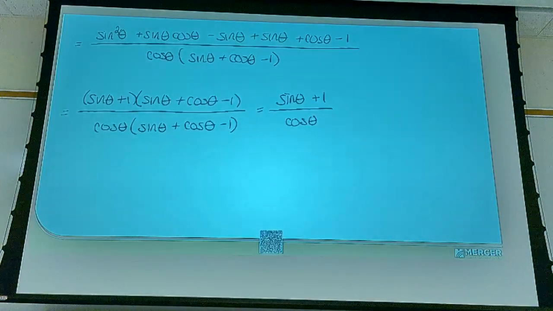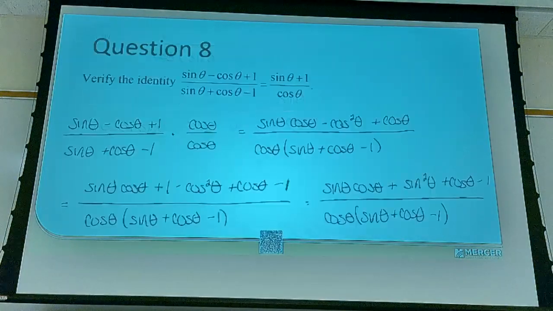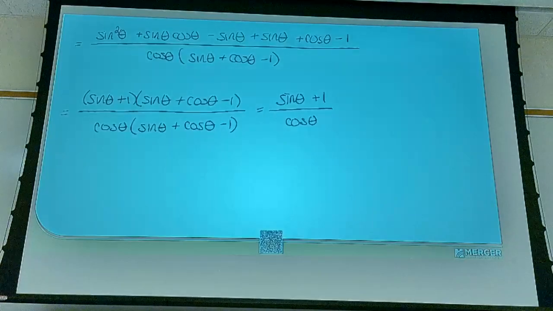The only thing I could recommend is you already know what you're working towards. You want sine of theta plus 1 over cosine of theta, which means you want to get rid of that sine theta plus cosine theta minus 1 in the denominator. So that should be a clue that maybe that's how it's going to factor. At that point, just check to make sure that's how it factors.